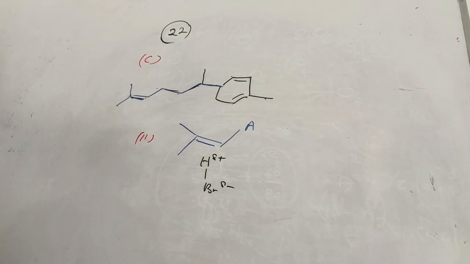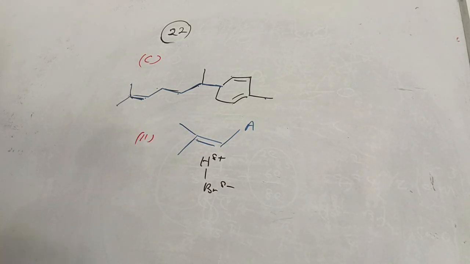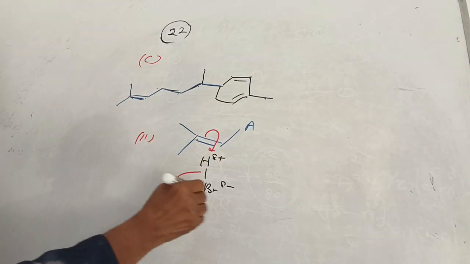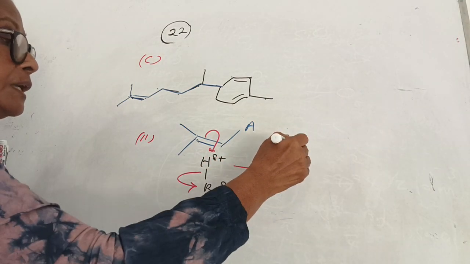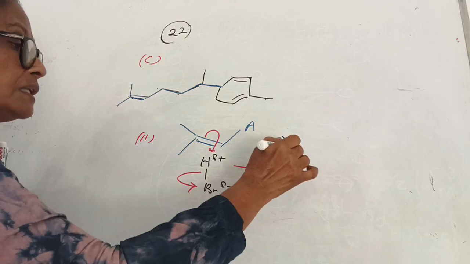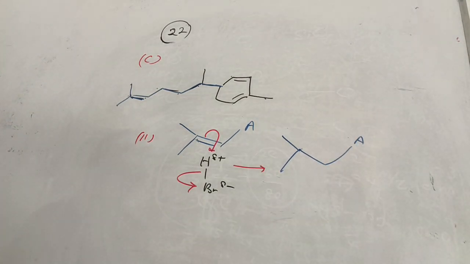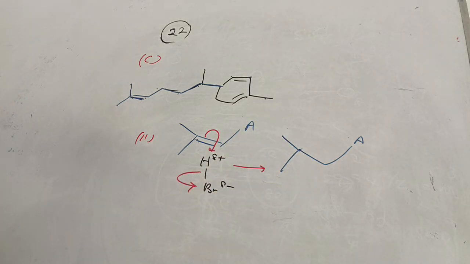This mechanism gives 4 marks, so you can see the curly arrows are there. The double bond electrons move towards the hydrogen, with two curly arrows. The double bond opens up, one bond goes to the A and the hydrogen goes onto one of the carbons.